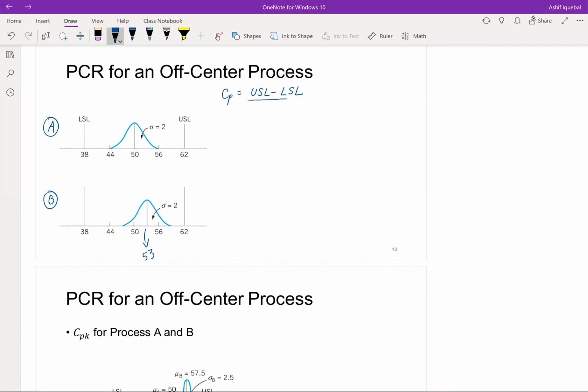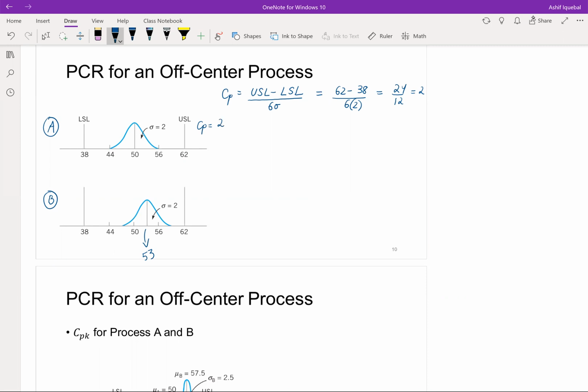Okay, so Cp is nothing but USL minus LSL by 6 sigma. So let's plug these values here. USL is 62 minus LSL is 38, divided by 6 times sigma, which is 2. And this is equal to 24 by 12, which is 2. So Cp for process A is equal to 2.